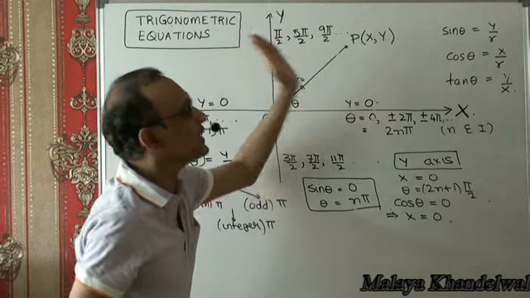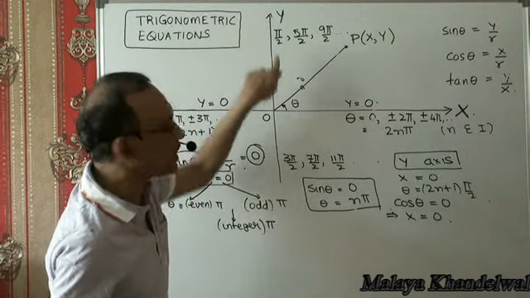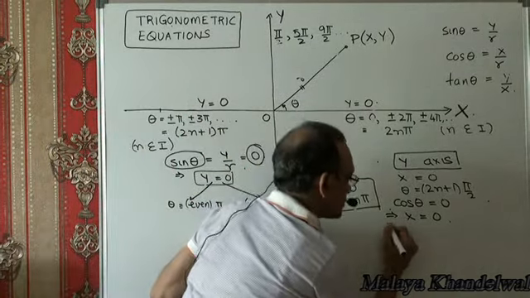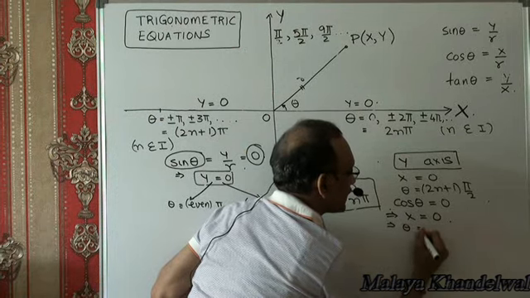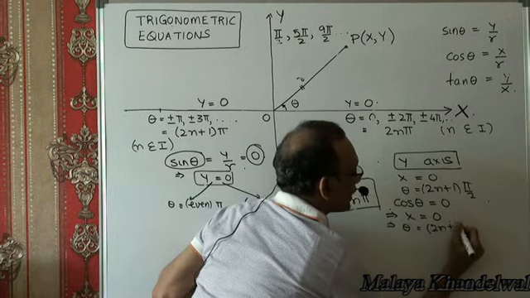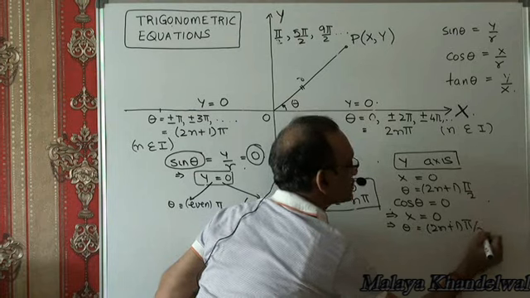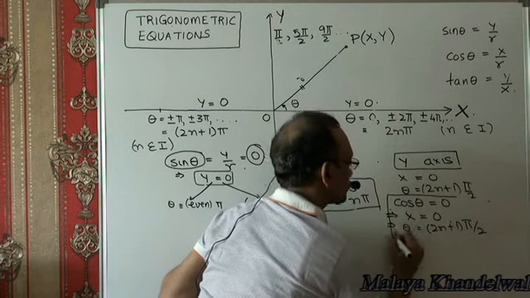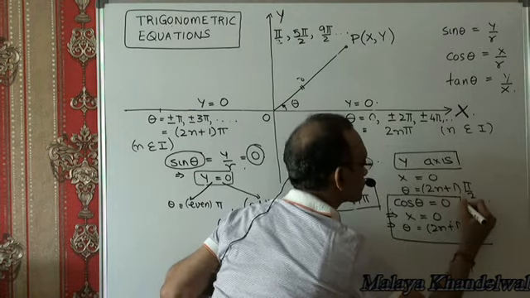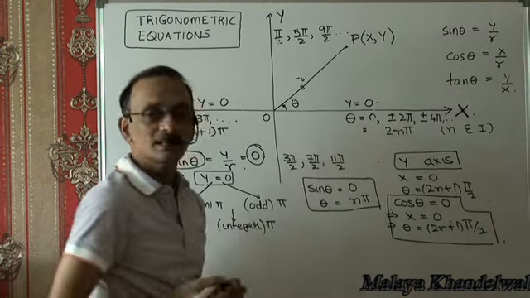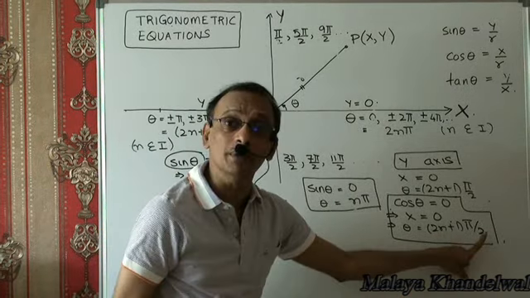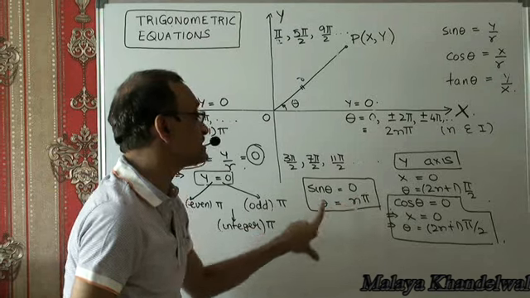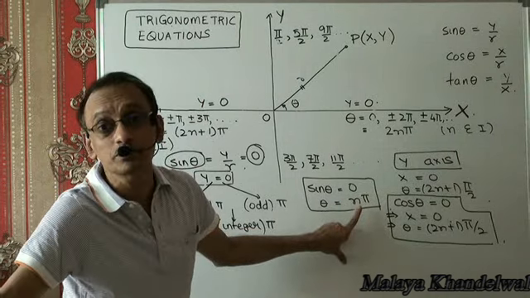That means whenever theta becomes an odd multiple of pi by 2. Yes or no? So cos theta is 0 when theta is an odd multiple of pi by 2. Sin theta is 0 when theta is any integral multiple of pi.